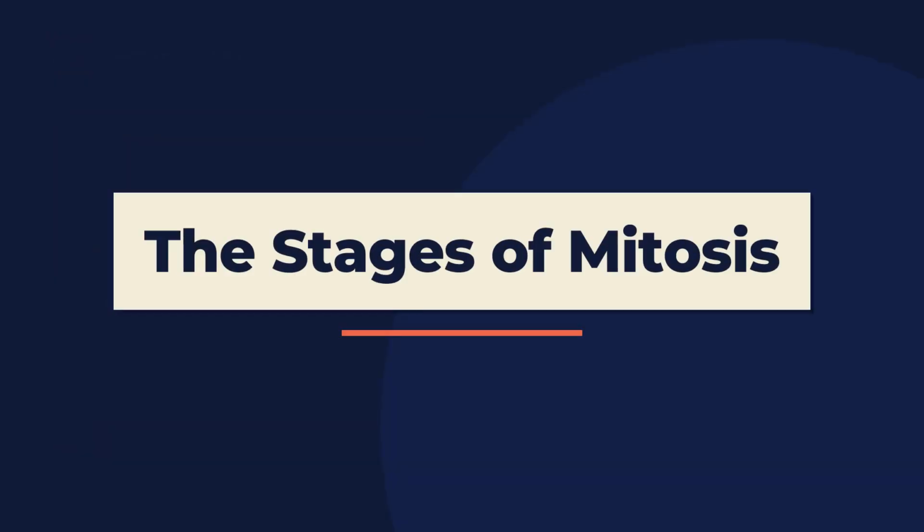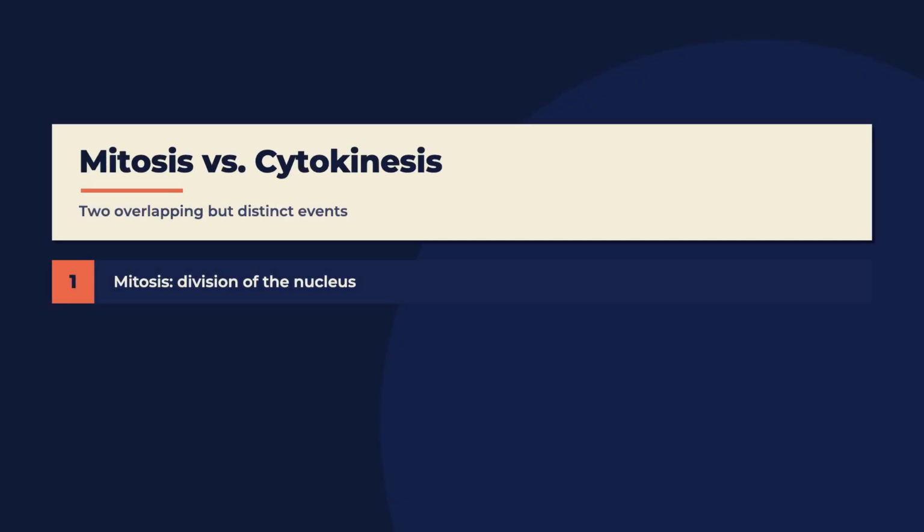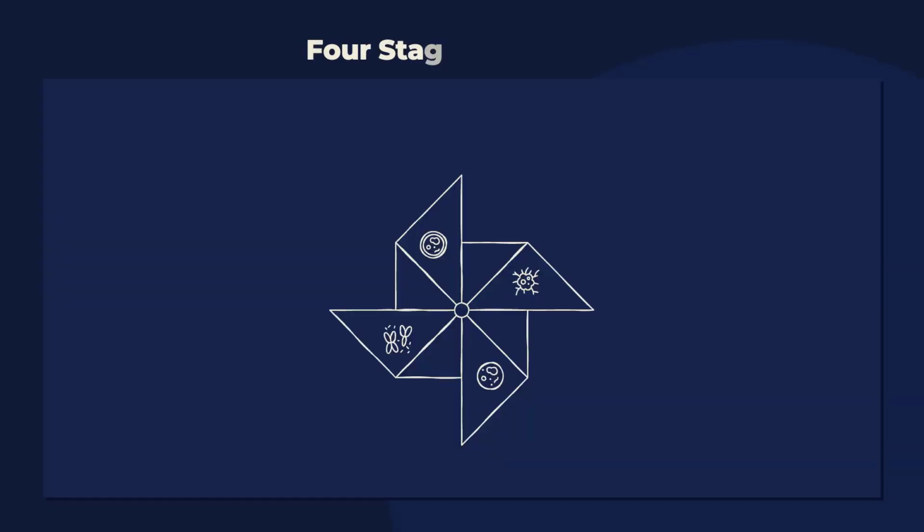A dividing cell moves through a fixed sequence of stages, so a single snapshot under a microscope can reveal exactly where in that sequence the cell sits. Let's break down what distinguishes each stage. Before the stages, separate 2 commonly confused terms. Mitosis is division of the nucleus, distributing duplicated chromosomes into 2 daughter nuclei, while cytokinesis is division of the cytoplasm, physically splitting 1 cell into 2.